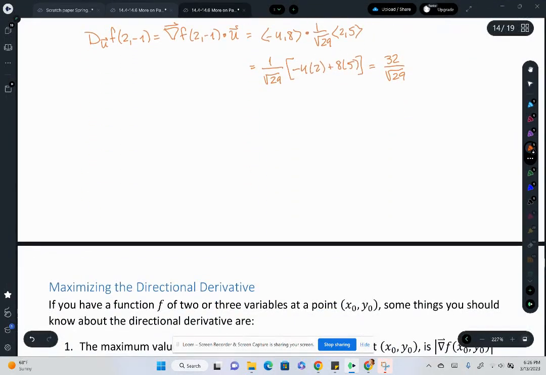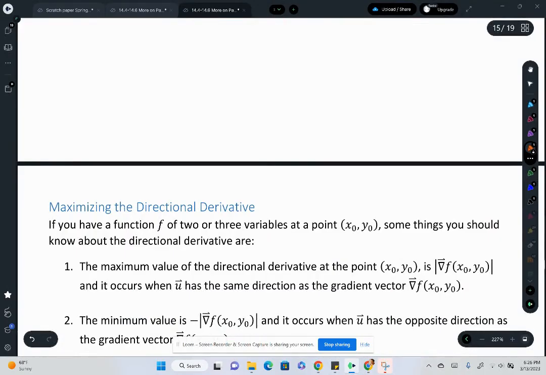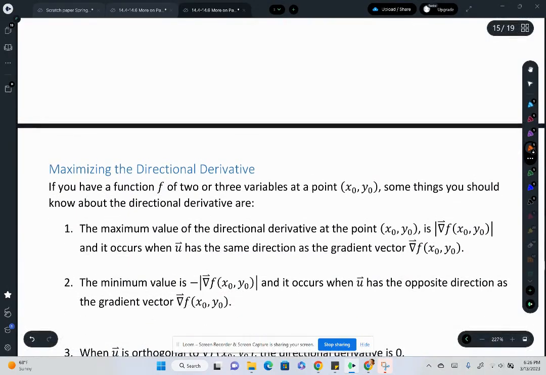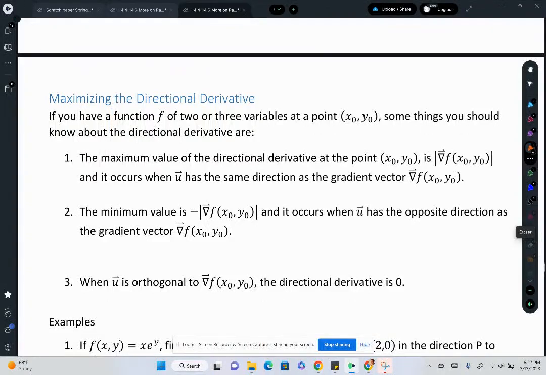All right, now we're going to move on to maximizing the directional derivative. To maximize the directional derivative, we have to talk about a few things here. If we have a function f of 2 or 3 variables at some point, here are some things we should know about the directional derivative.